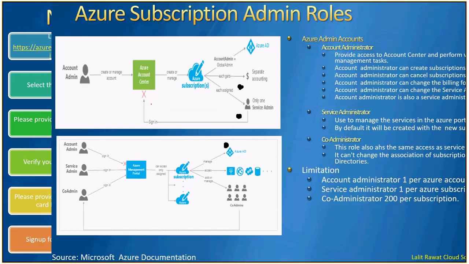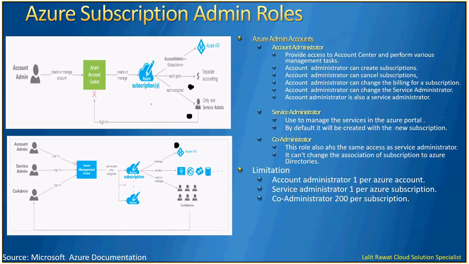And the next topic is the Azure subscription admin roles. In the Azure subscription admin roles, three roles are separated. The first account, when you log in, could be your Live ID or your on-premises ID.